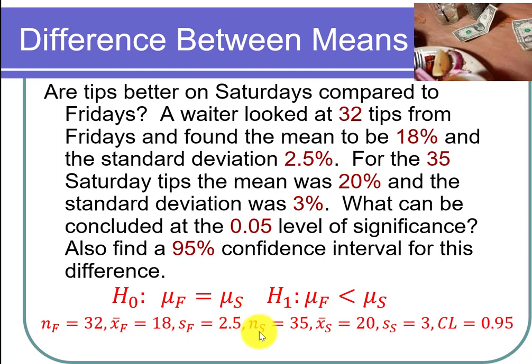The sample size for Saturday was 35, so n sub s is 35. The sample mean for Saturdays was 20. The sample standard deviation for Saturdays was 3. And our confidence level, our CL, is 0.95. So now we're ready for the calculator.